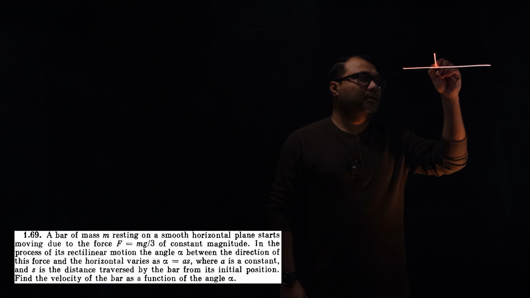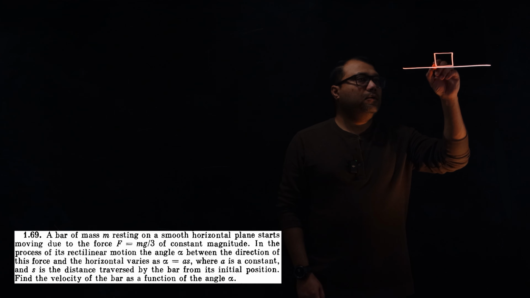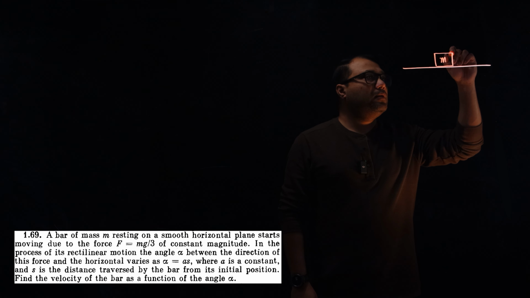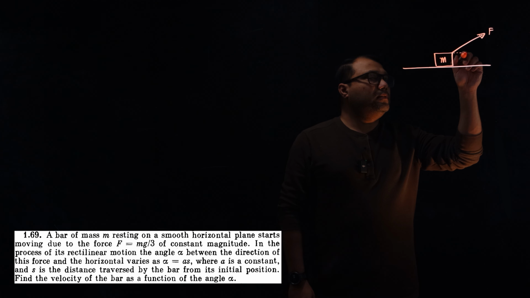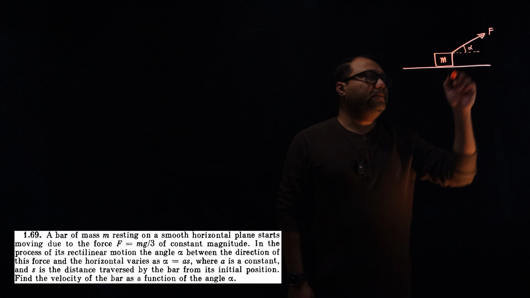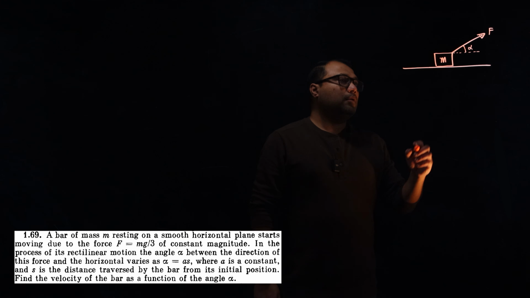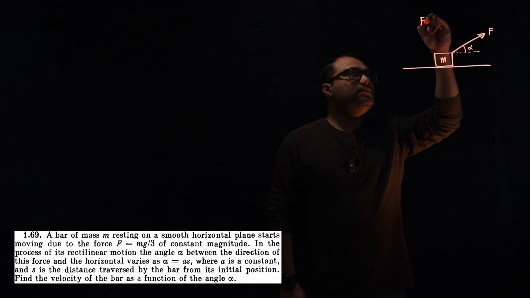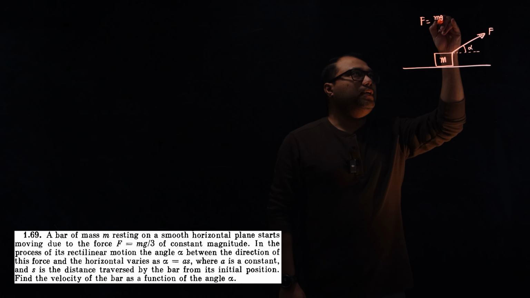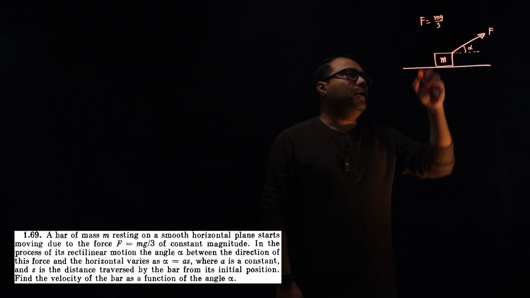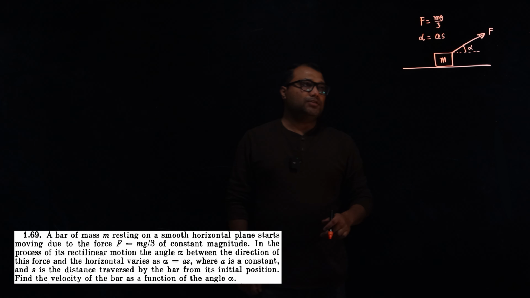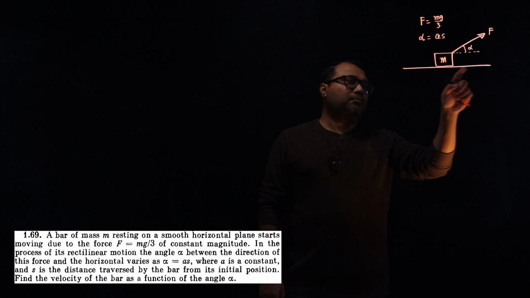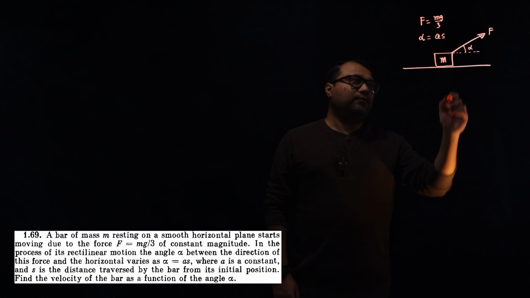So here is a bar, mass is m, there is a force acting on it. This is alpha at any time. F is given as mg by 3 and alpha varies as as, where s is the distance traversed by the mass starting from rest.